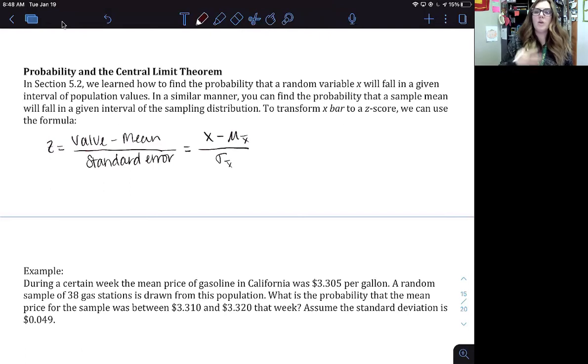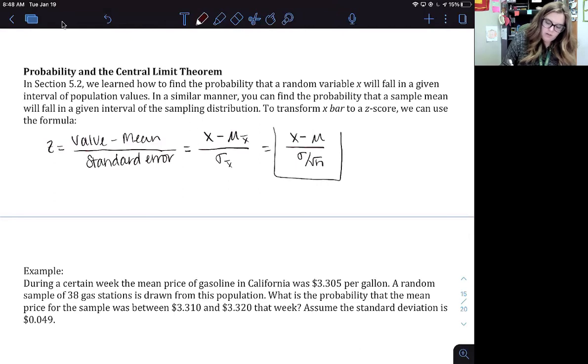Well, we can go an extra step and simplify this formula because we know that mu of x bar just equals mu, and that our standard error is sigma divided by the square root of n. So this is going to be our new formula to find our z-scores.